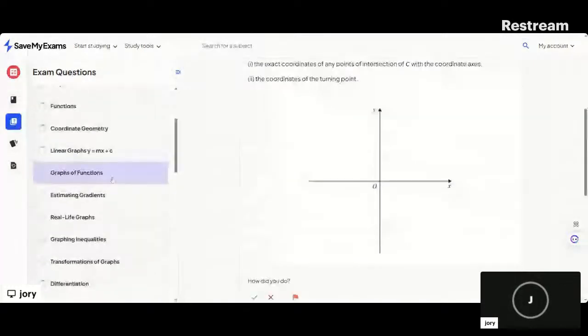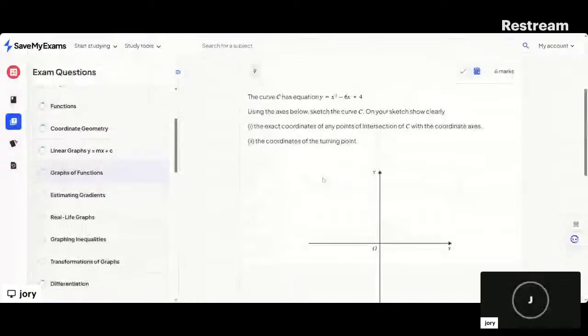We didn't, but it's okay. We'll use it. It's gonna be 2x minus 6 equals 0. So add 6. x equals 3. That is the x of the turning point, and then put that back in.